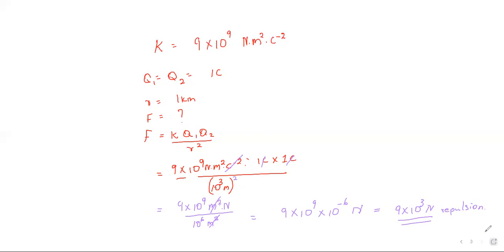Now, let's have a look at the second instance, or the other instance, where you have charge 1 here and charge 2 there, and the distance of separation R here, let's say 6 centimeters.